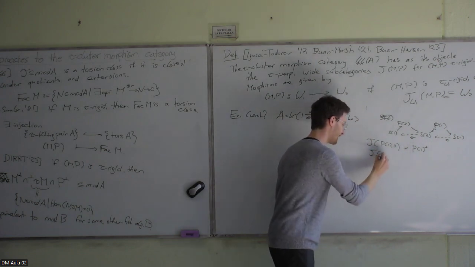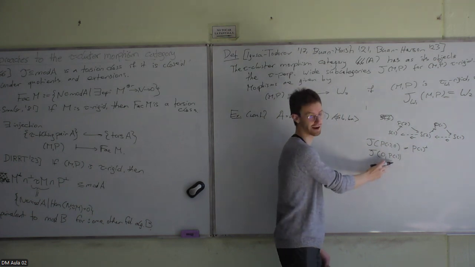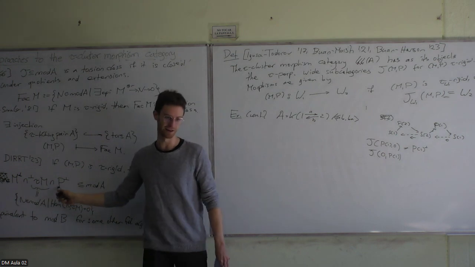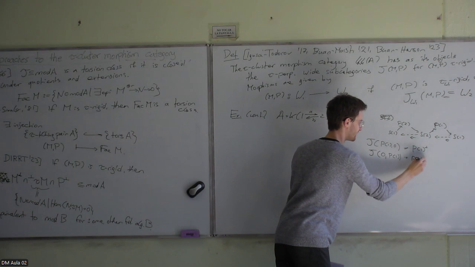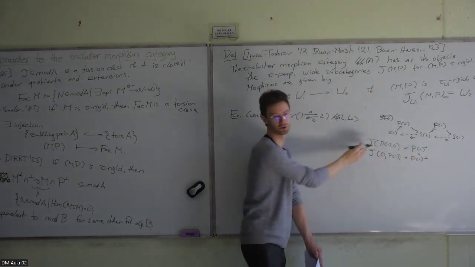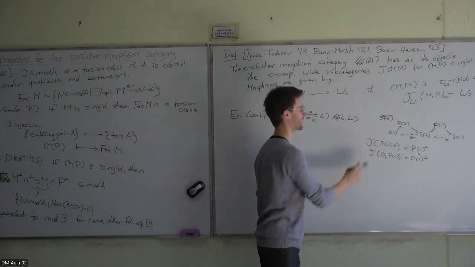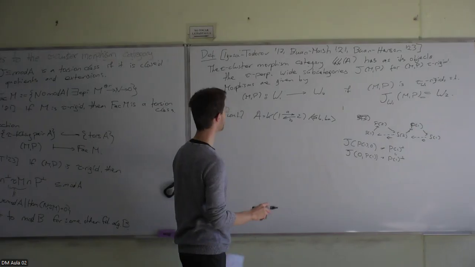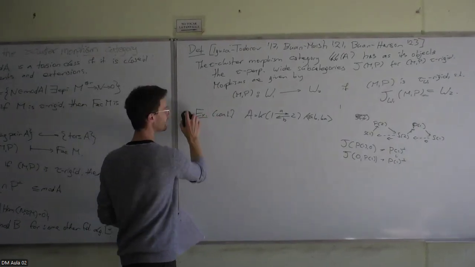But this is the same as if I take this pair where M is 0, so the first two are 0, but now this P is P1, so I take the P1 part. So these are two different pairs, but they have the same subcategory associated to them. Okay, great. I'll erase this example now.